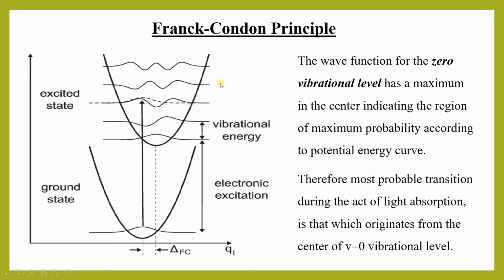The wave function for the zero vibrational level has a maximum in the center, indicating the region of maximum probability according to the potential energy curve. Therefore, the most probable transition during the act of light absorption is that which originates from the center of the v equal to 0 vibrational level.